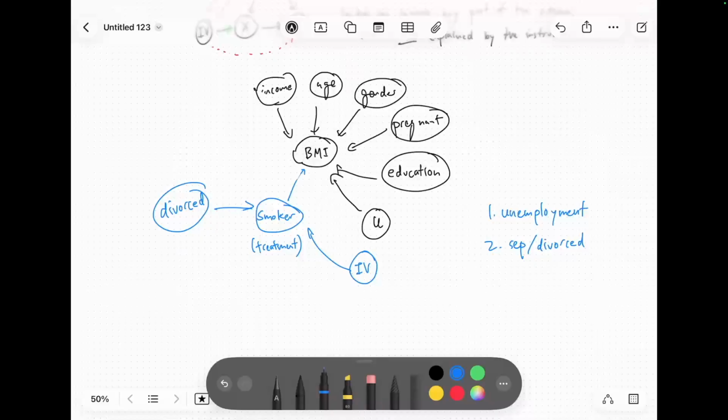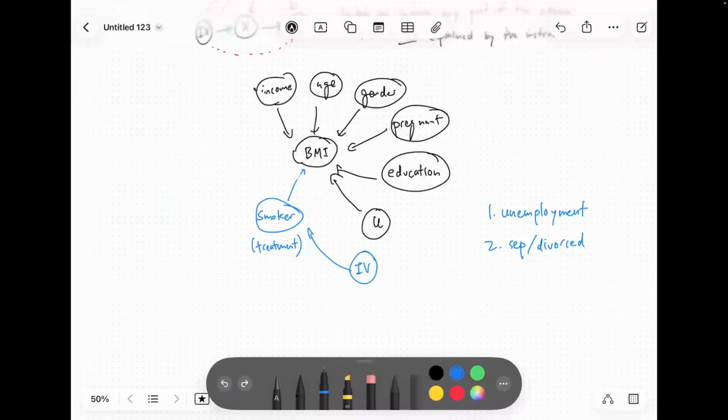What's going on? Why is this not necessarily a good variable? Okay, maybe it affects BMI directly. Maybe that affects the likelihood that you're pregnant, right? So different avenues to BMI besides through smoking. So again, not a good instrumental variable.